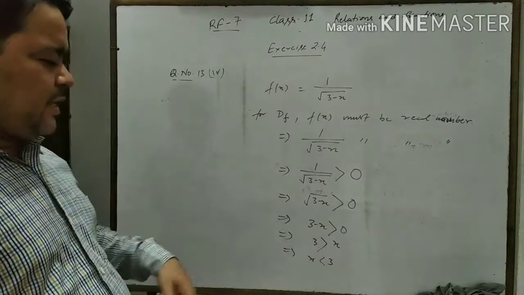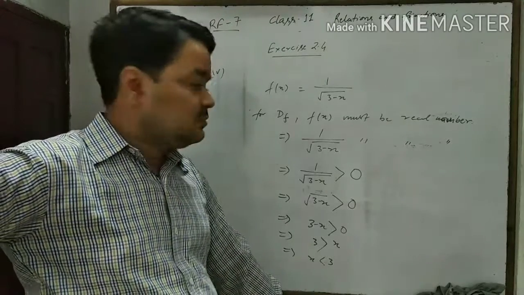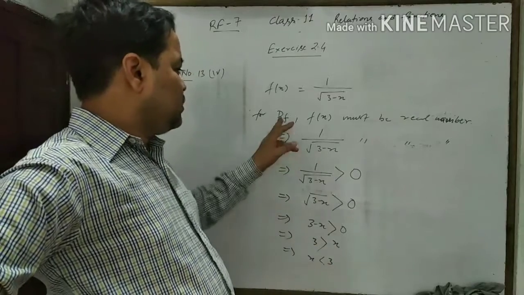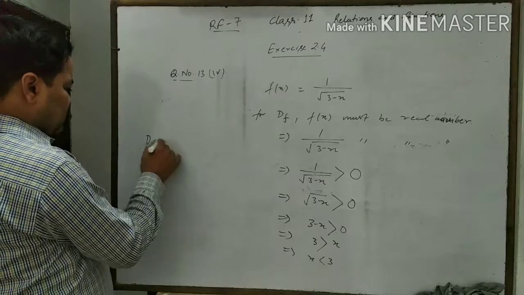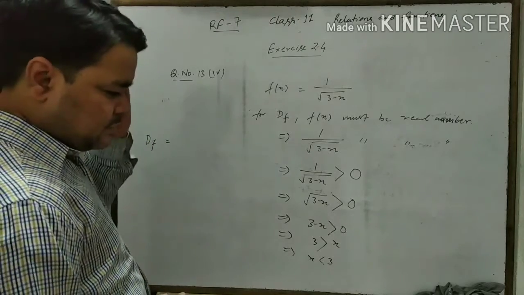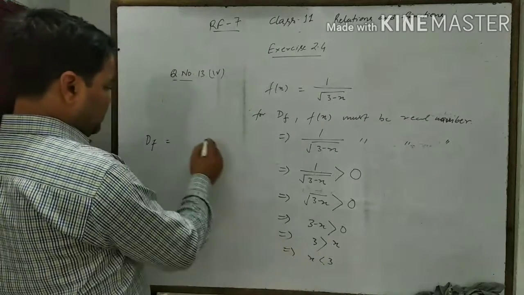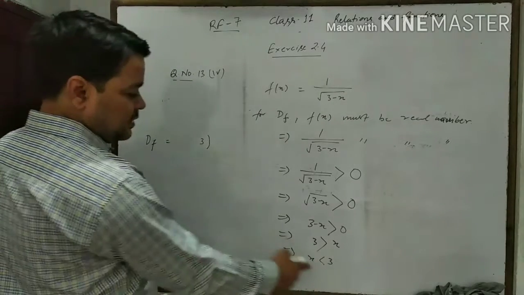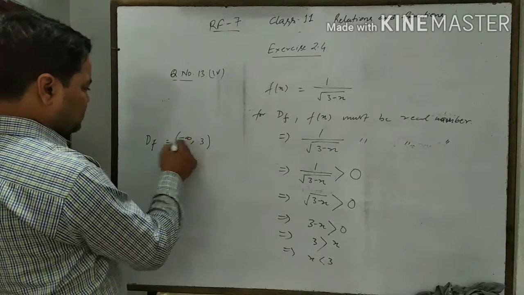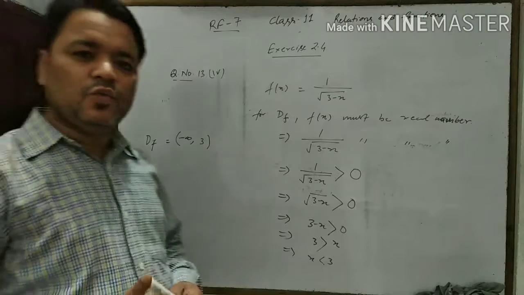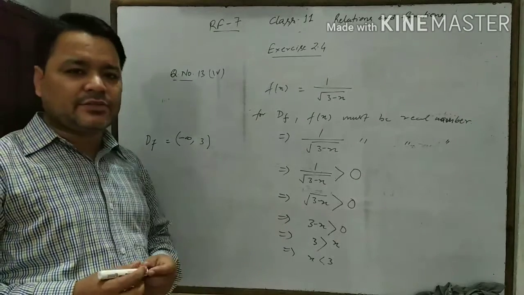It means if we take all the real numbers less than 3, then in this situation the function will be real. It means the domain of the function is all real numbers which are less than 3, means up to 3 but not 3, like this, minus infinity to 3. The domain of the function is like this.